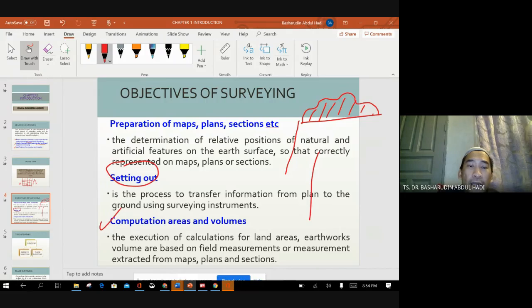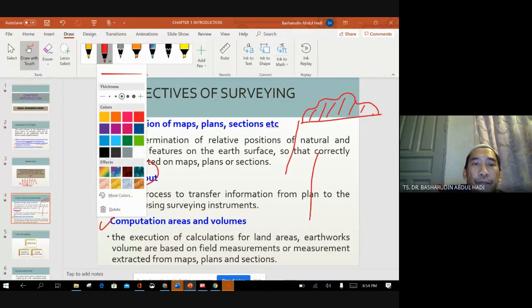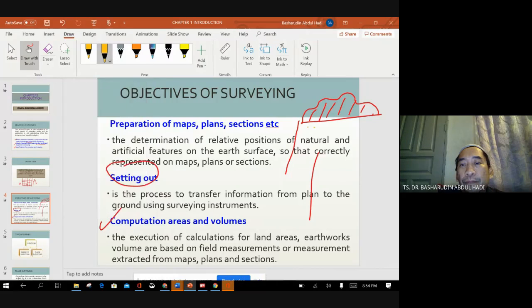Okay, last one, computation of area and volumes. The execution of calculation for land area and earthwork volume are based on field measurement or measurement extracted from maps, plans and sections. So sometimes we have this type of topography, and then we cut it because we want to build maybe housing here.